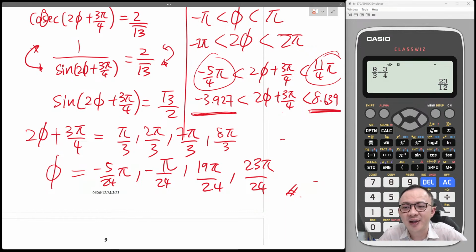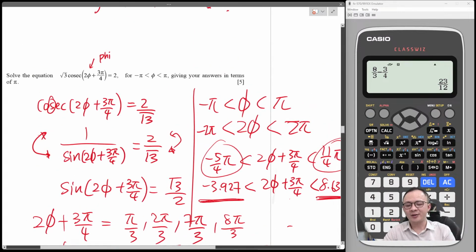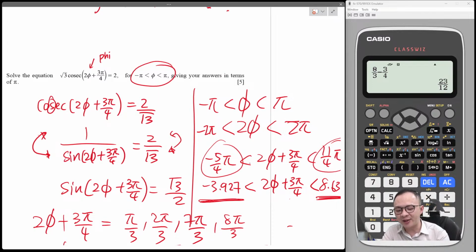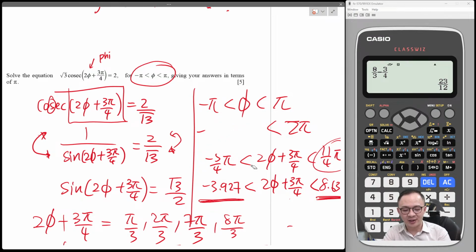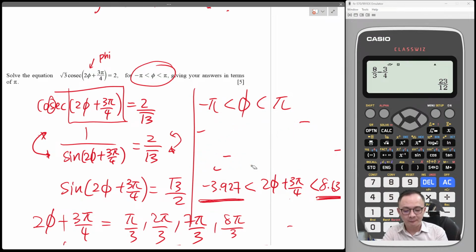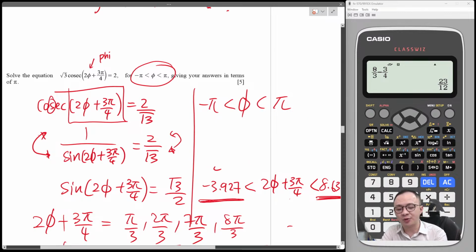Can you explain again how the value for the range for 2? Oh, can. Okay, basically they give you this range only. So your objective is you want to make this range become 2x plus 3 pi over 4. So the first logic is I multiply 2 for the whole thing.